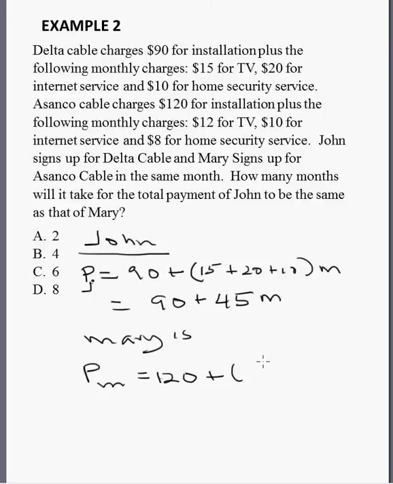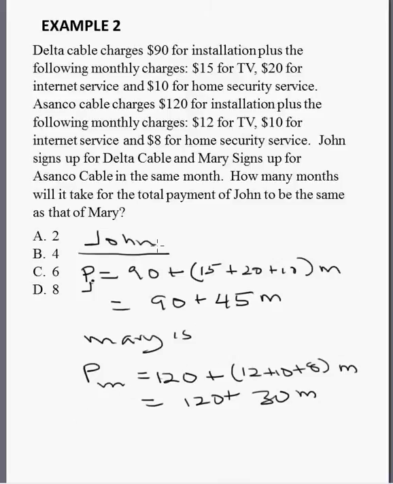So she's going to pay $12 plus $10 plus $8 times M. So Mary will be 120 plus 30M, since 12 plus 10 plus 8 is 30. So for them to have paid the same, PJ should be equal to PM.